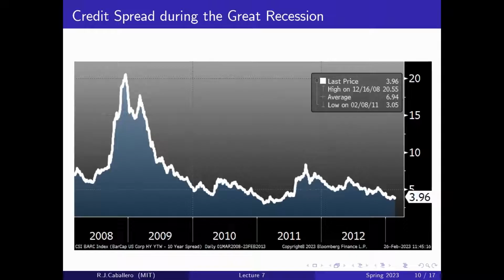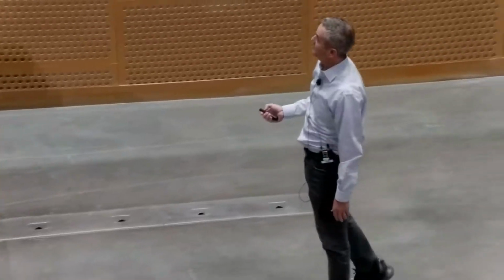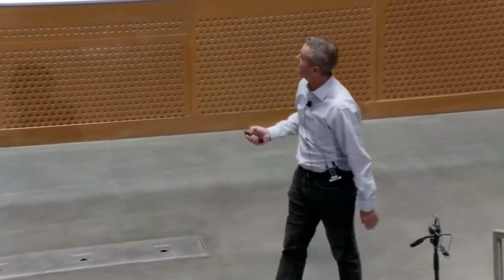I think it's a weighted average of things. But think of this as the median corporate bond out there. It had to pay 20% more than a treasury bond. So big difference if you are in the private sector and wanted to borrow than if the government wanted to borrow. So this was a big issue.